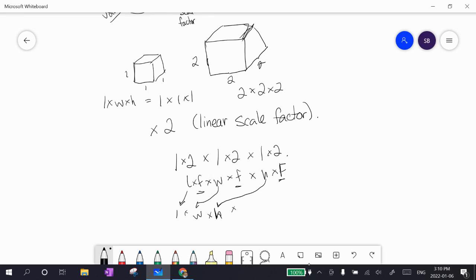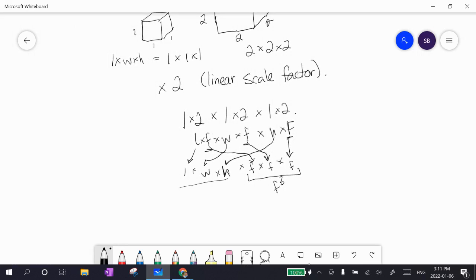Times factor times factor times factor. I have all the same pieces, but you'll notice here this is factor cubed. So I have my original volume.